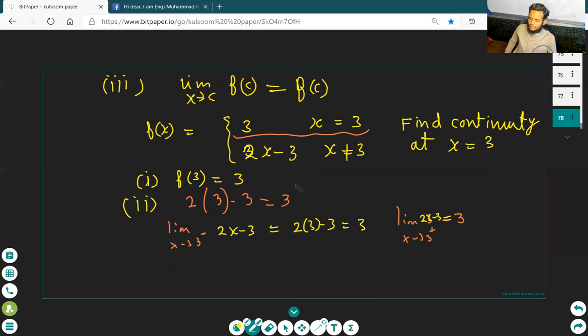You say your limit exists, and the limit as x approaches 3 is equal to 3. Write it. This is the left hand limit, this is the right hand limit.